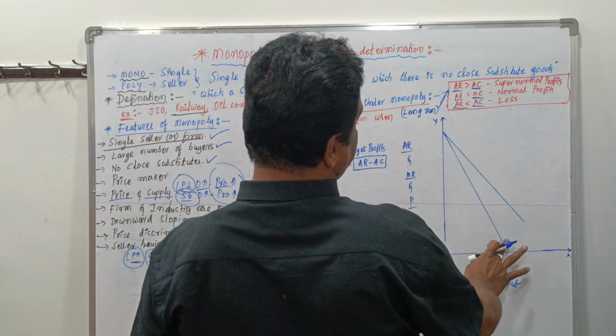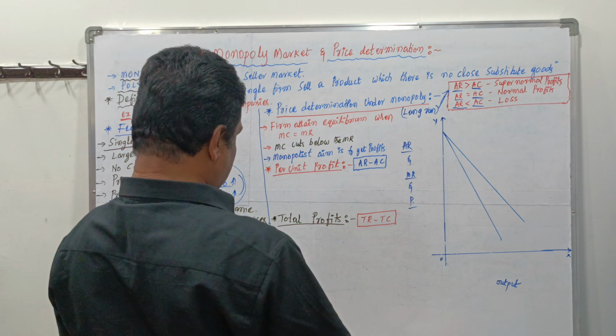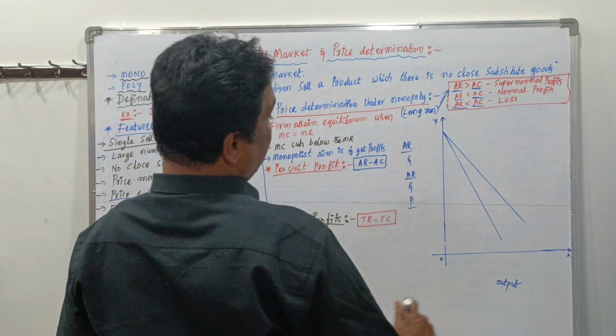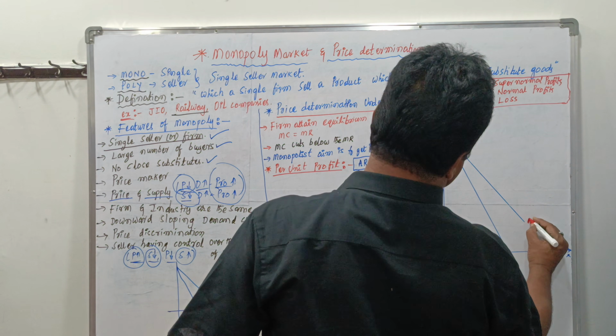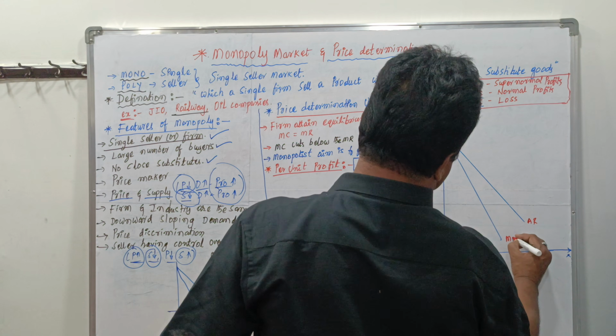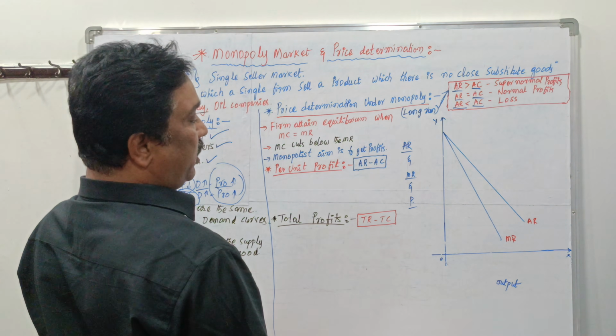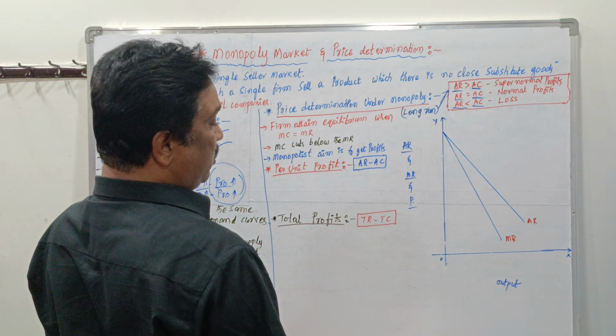Listen here. This is the average revenue curve AR. This is the marginal revenue curve. First, we have to draw the average revenue and marginal revenue curve.